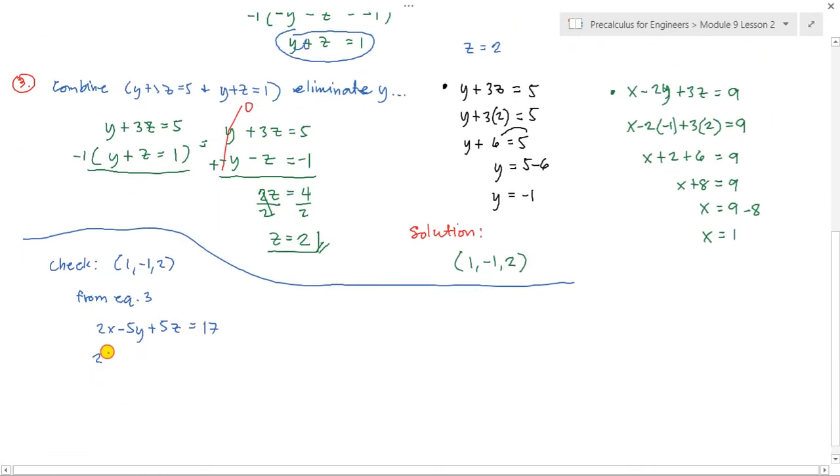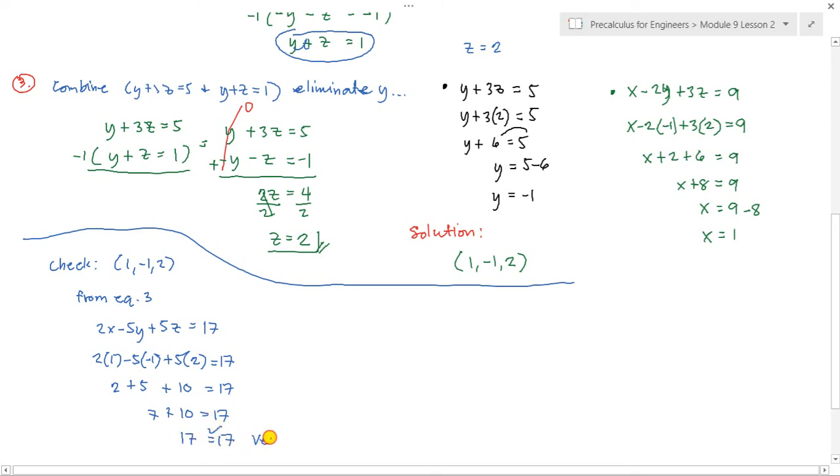So, x is 1, so 2 times 1, minus 5 times y is negative 1, plus 5 times z is 2 is equal to 17. Okay, let's see, that is 2 plus 5, then plus 10 is equals to 17. So, 5 plus 2 is 7, plus 10 is equal to 17. So, therefore, this is 17 is equals to 17.